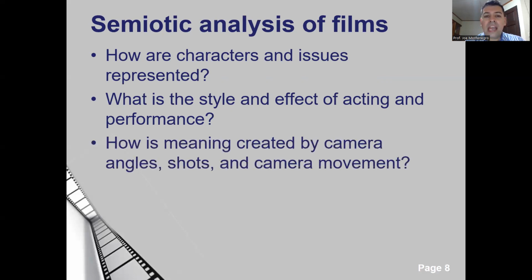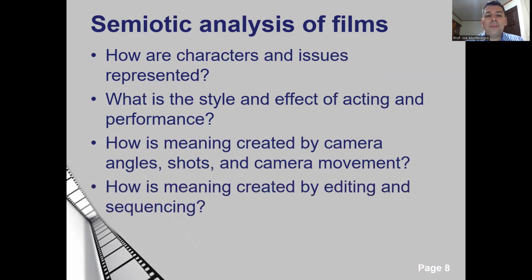But also camera angles, shots, camera movement, editing and sequencing, when a shot is cut short and then another one comes next to it, and how scenes are put together and shots are put together, how the camera changes from one character to the other, et cetera, et cetera. All of those little codes are the ones that we're going to start paying attention to as we watch clips and full-length films.